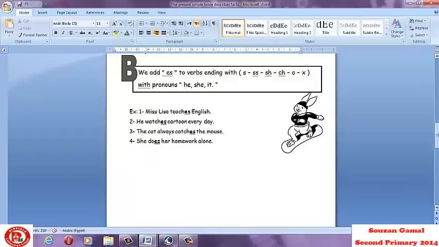So again, if you have a verb that ends with s, ss, sh, ch, x, o, you will add es. Other than this, you will add only s with he, she, and it. Remember. But I, you, we, and they don't add anything.